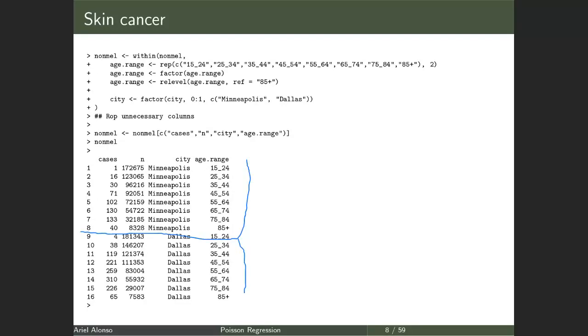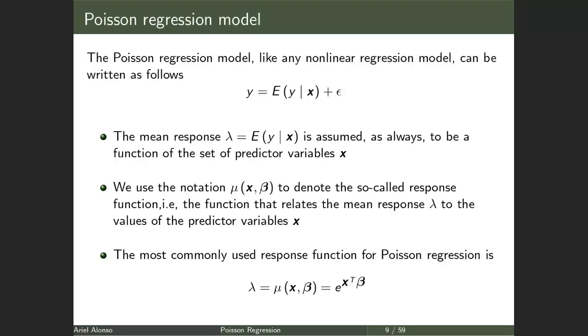What we have is the number of cancers in each city, divided by different age ranges. For instance, in Minneapolis, there was 1 case in the category between 15 and 24 years. There were 102 cases in Minneapolis in the category between 55 and 64 years. And the N here is the number of individuals in that specific city within that specific age range. So that's the data set that we have.